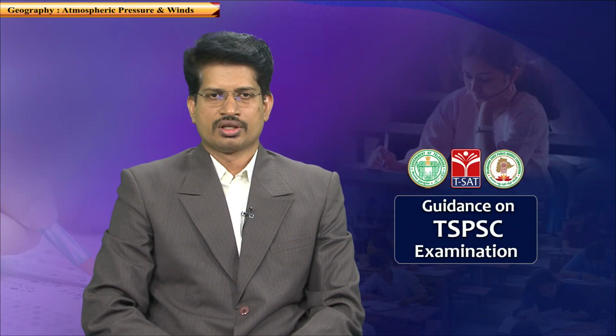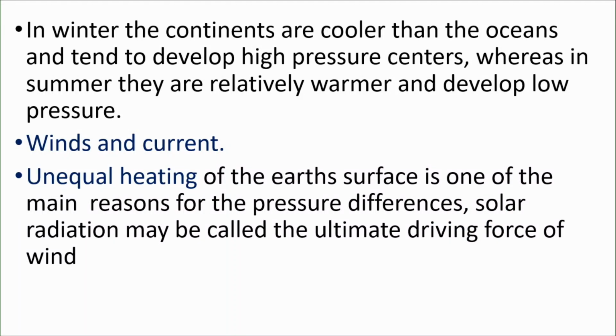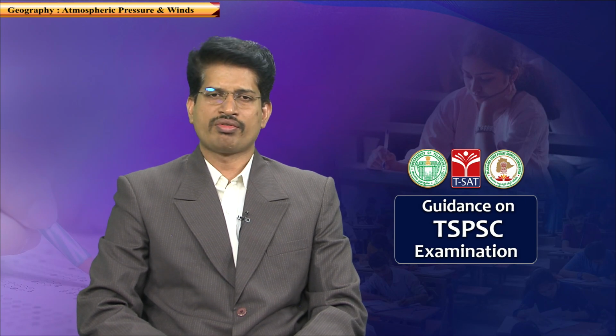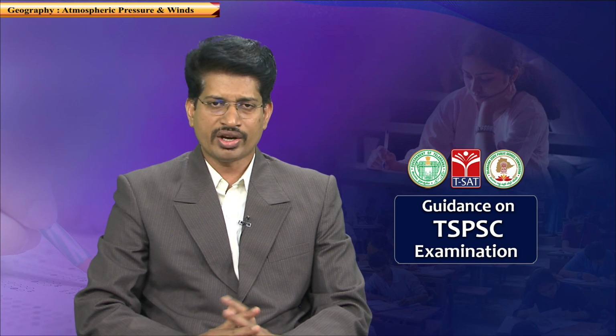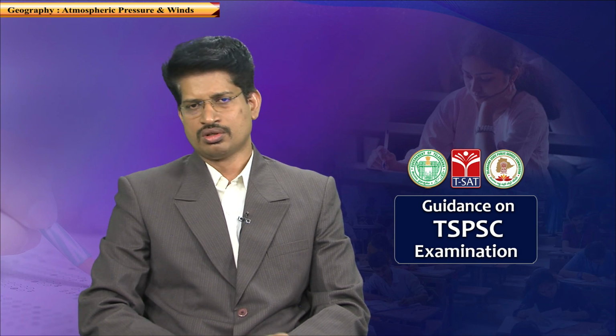In winter, the continents are cooler than the oceans and tend to develop high pressure centers, whereas in summer they are relatively warmer and develop low pressure belts. Because of this, with the variation of seasons, the directional flow of wind varies, because as I have already mentioned, wind always blows from high pressure to low pressure.